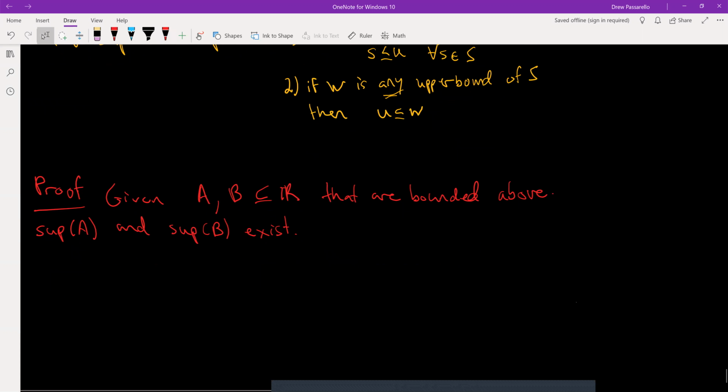So we're going to define the set capital A plus capital B to be the set of lowercase a plus lowercase b, such that lowercase a comes from capital A and lowercase b comes from capital B.